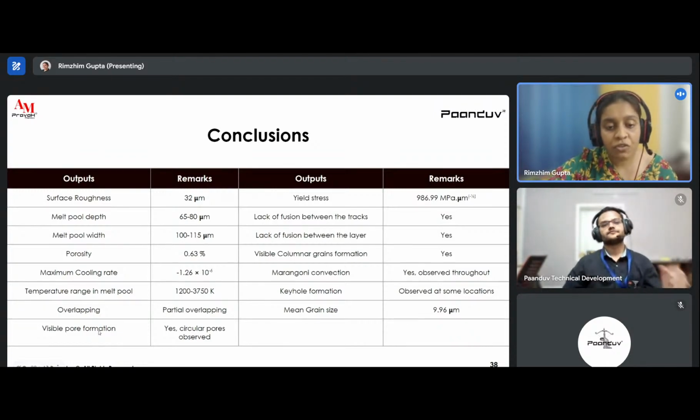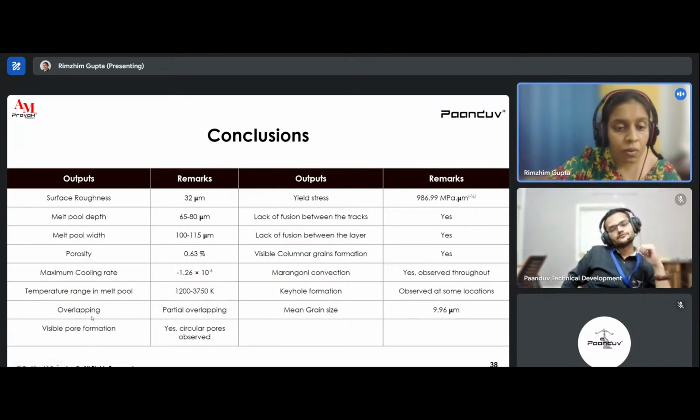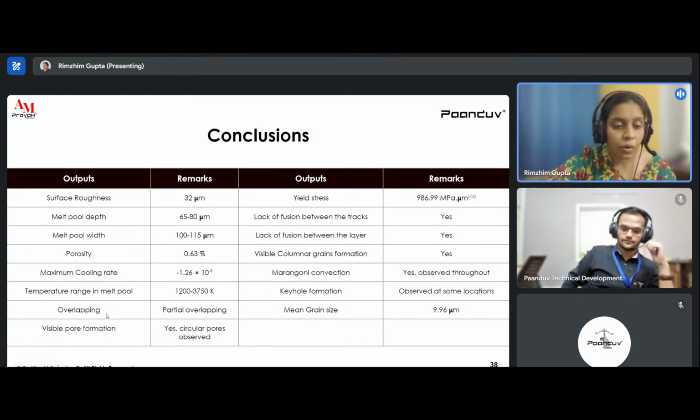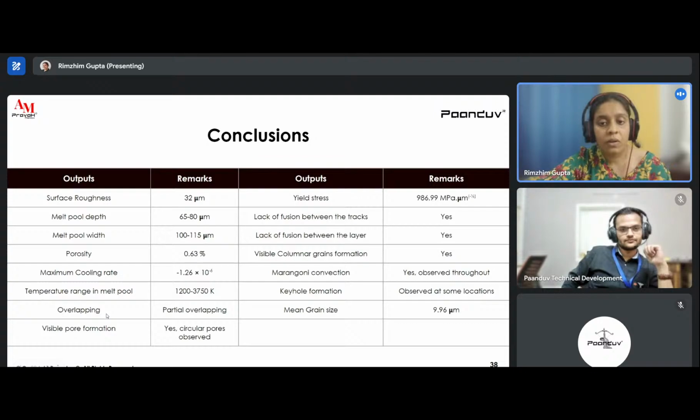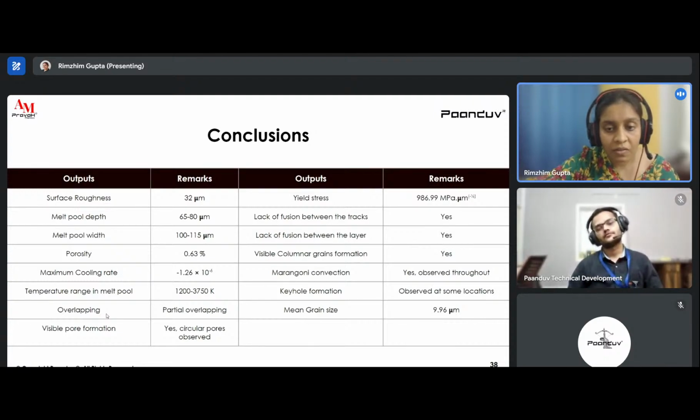draw some visual comparisons or visual analysis using AM Pravah, whether or not the overlapping has happened, whether or not there is pore formation, lack of fusion defects are there or not, what are the yield stress values, whether there are columnar grains or equiaxed grains in the system, the Marangoni convection is right or not, the keyhole formation is there or not, and what are the grain sizes and how the mechanical properties look like.